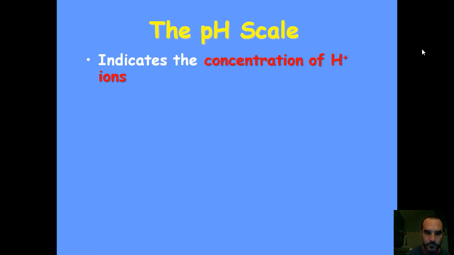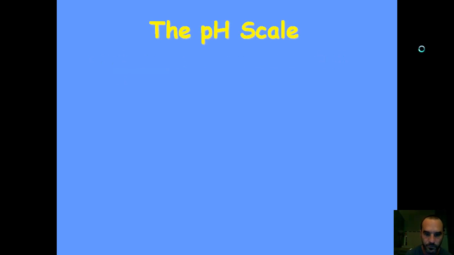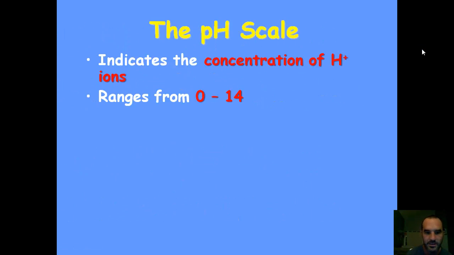So the pH scale from 1 to 14 measures the concentration of hydrogen ions. If you're right in the middle, that's 7. So if you took your saliva, like a sample of blood, it'd probably be right around 7.